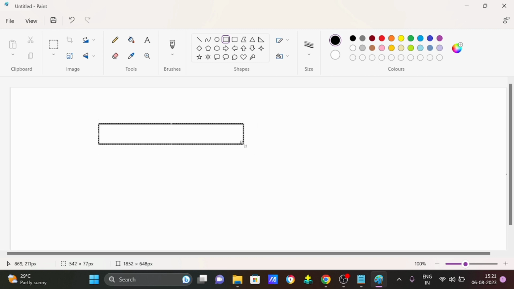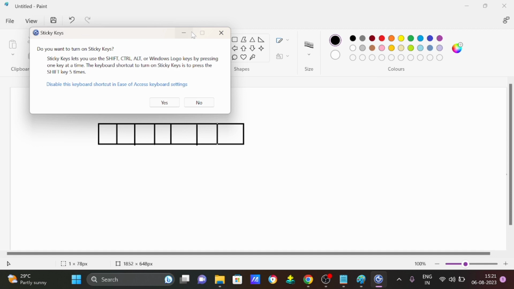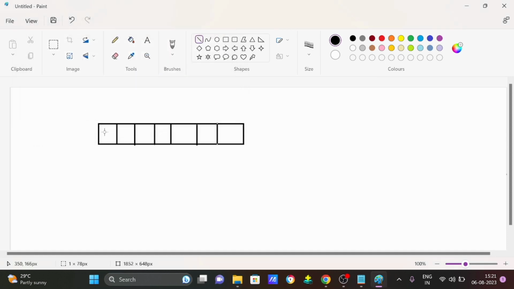Let's consider this memory block. For example, this is the memory block that I'm considering as an example. Now, I would like to write a name.